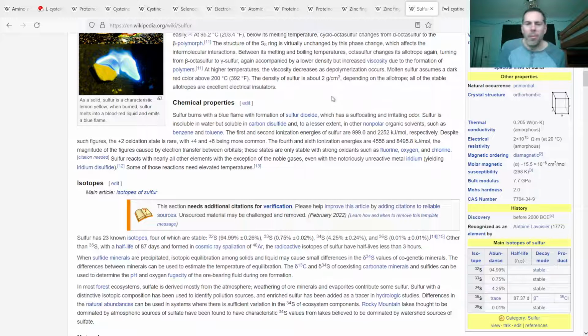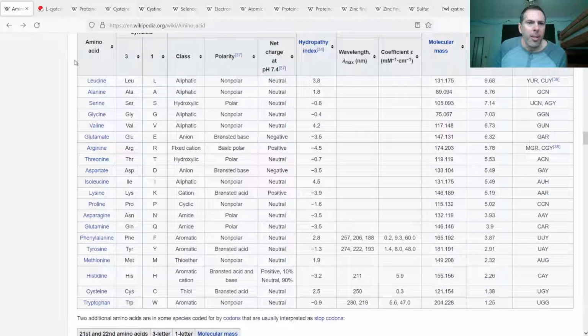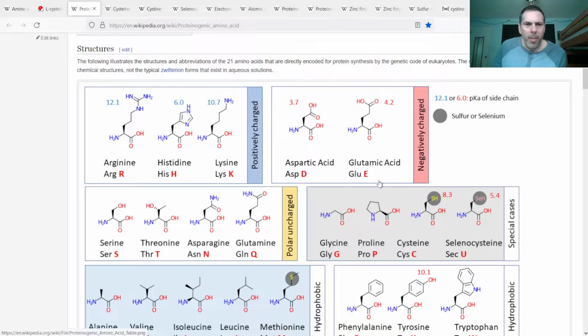So you can do experiments where you track the sulfur, meaning that you can track proteins and ignore things like DNA, which don't have sulfur. So here's cysteine and the special cases.